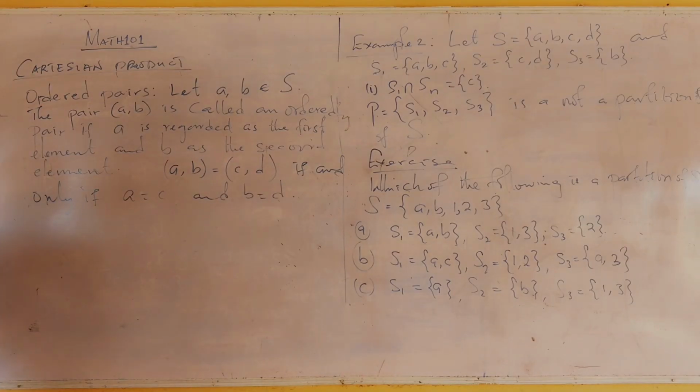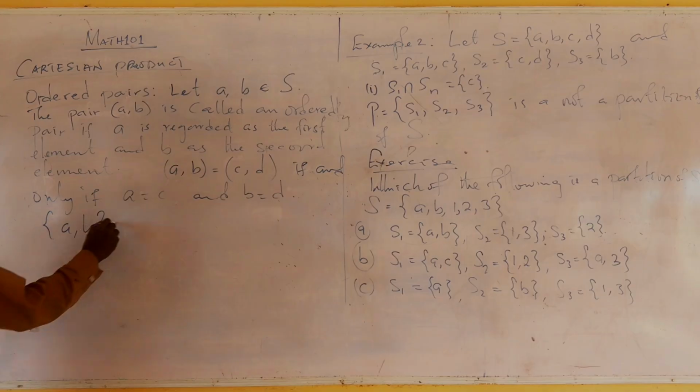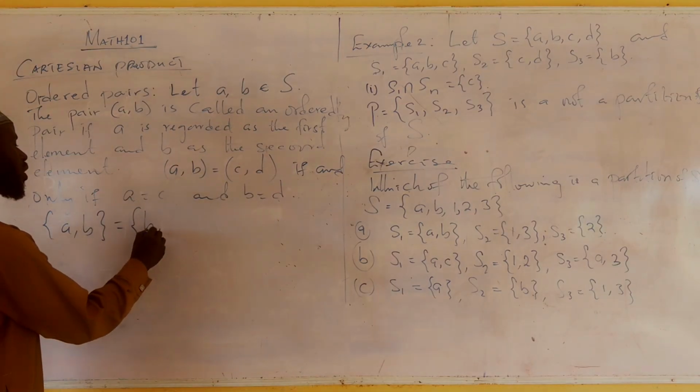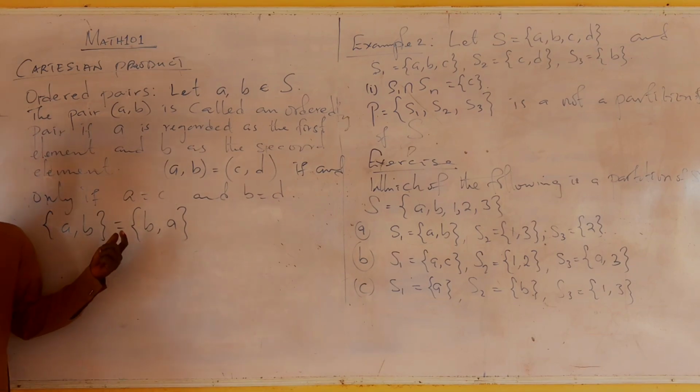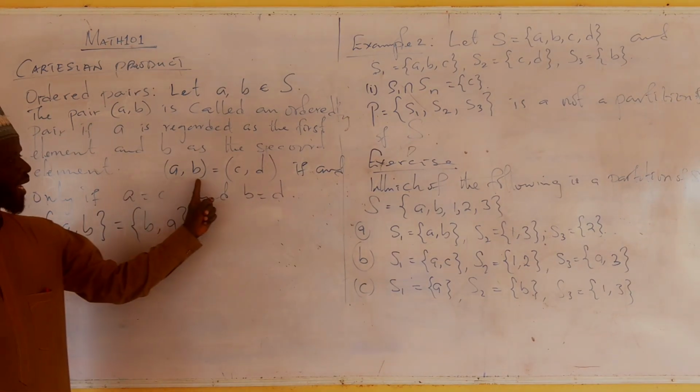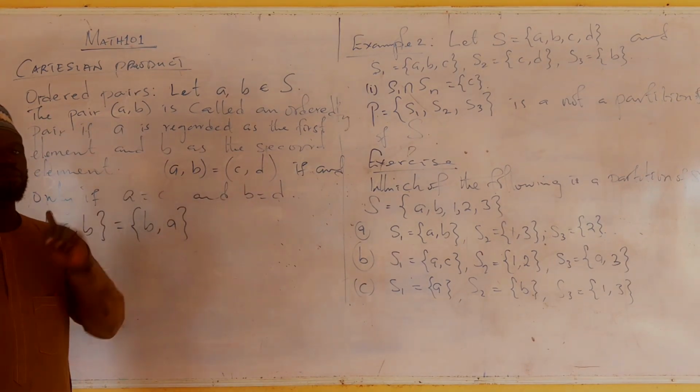In a set, A comma B is equal to B comma A, meaning the order of the elements in a set does not matter. But in an ordered pair, the order of the elements matters.